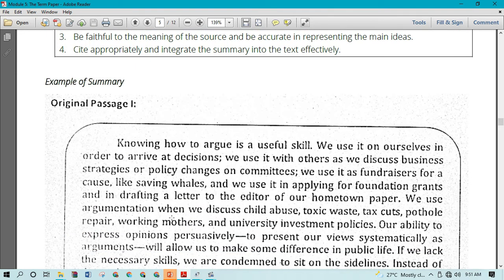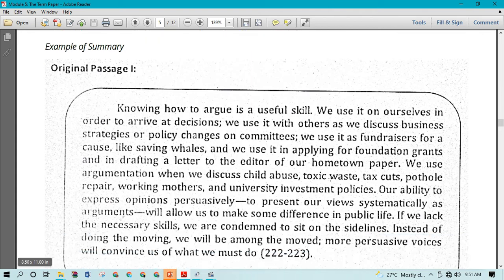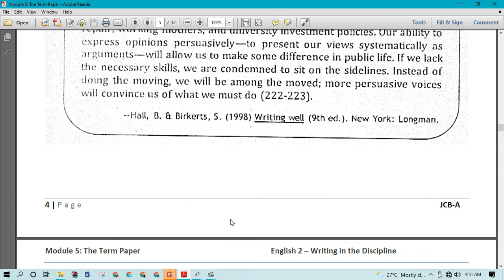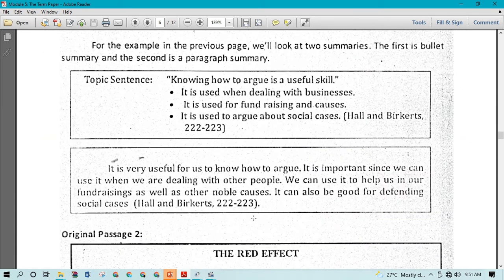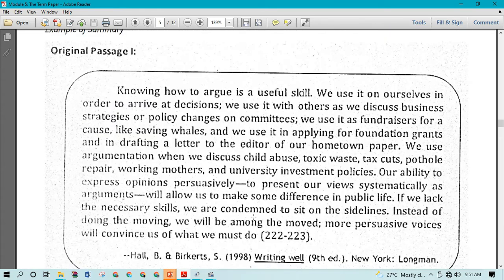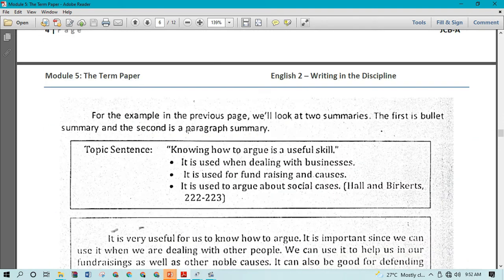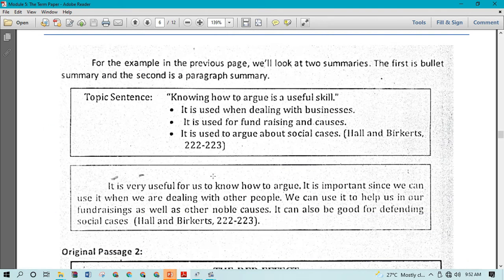Okay, so here is an example of a summary. This is the original passage. And then when you summarize that, here it is. So see, it is just one-third of the original text. Again, this is the original passage, and this is the final summarized passage. Okay, so paano ba yan siya nagawa?